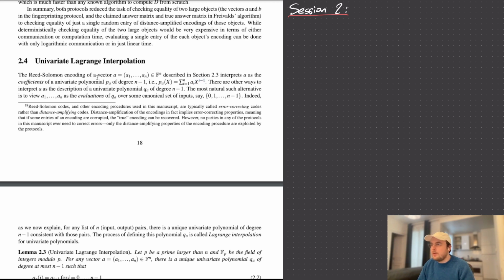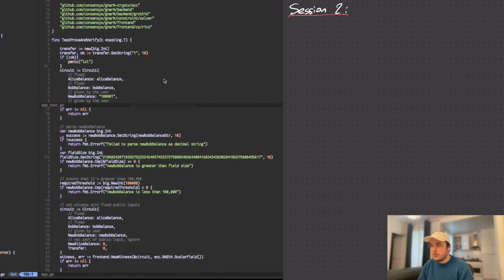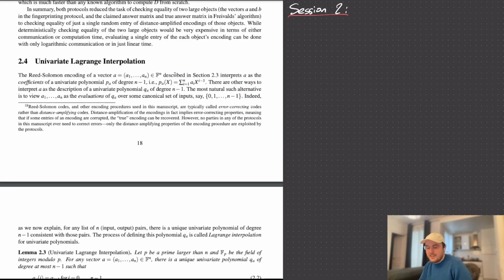So it creates a polynomial of degree n minus 1, because i goes up to n.